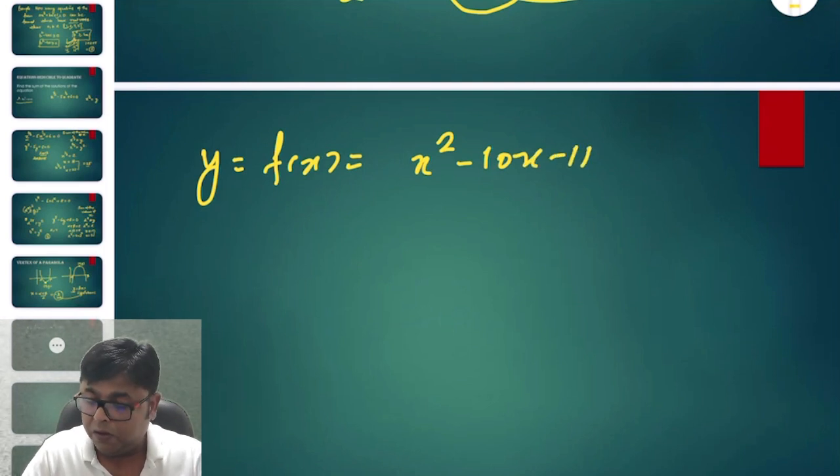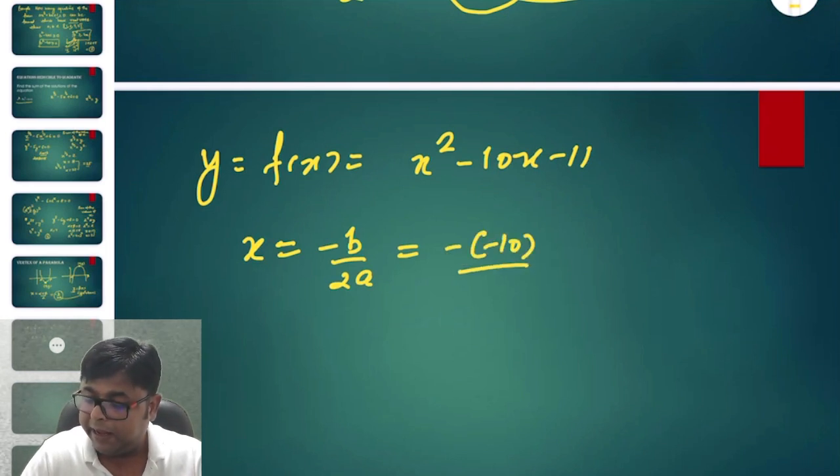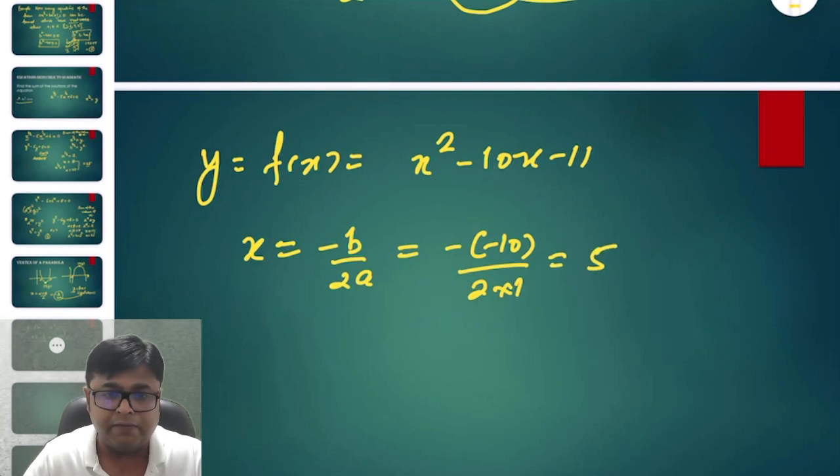I know the x coordinate of the vertex will be minus b by 2a, the average of the roots, sum of roots divided by 2. So it's going to give me minus of minus 10 upon 2 into 1, which gives me 5. This is the x coordinate of the vertex.